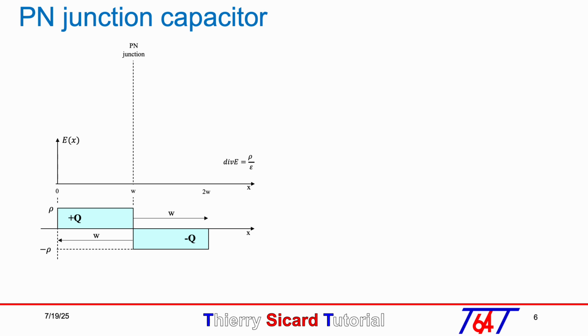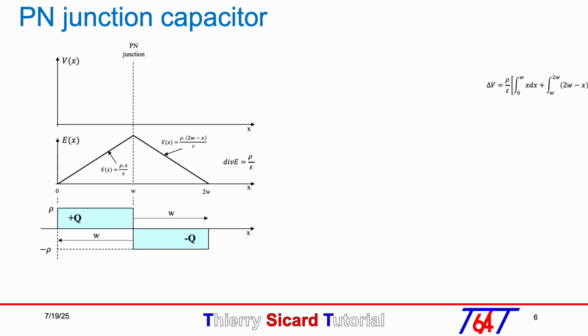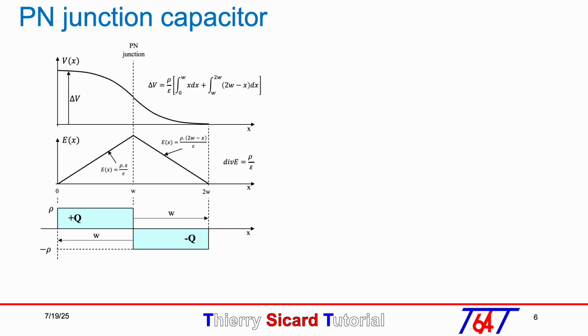By integrating the constant charge density ρ, the electric field increases linearly from 0 to Emax at x equal W, then returns linearly to 0 at x equal twice W. By integrating the electric field, we obtain the internal built-in voltage VBI generated by the PN junction.